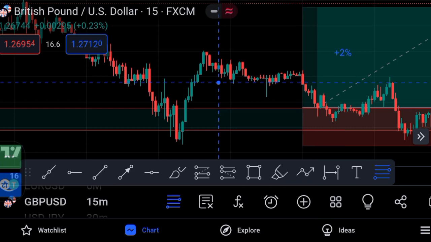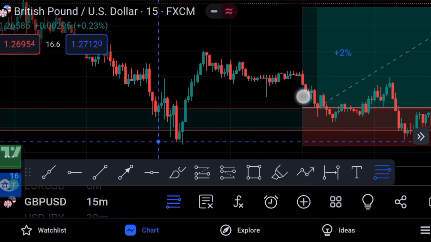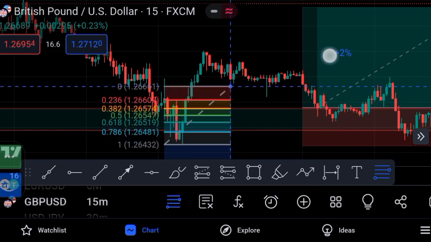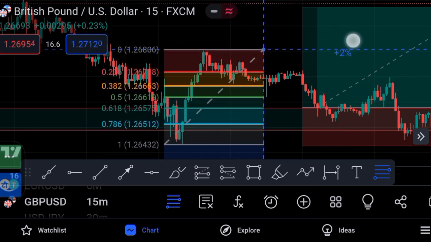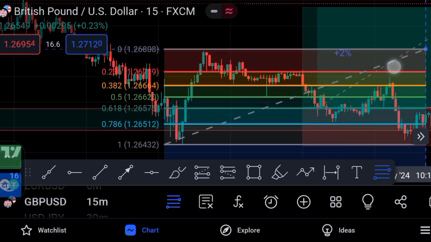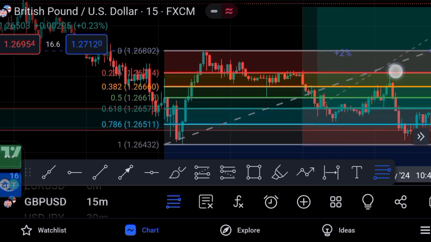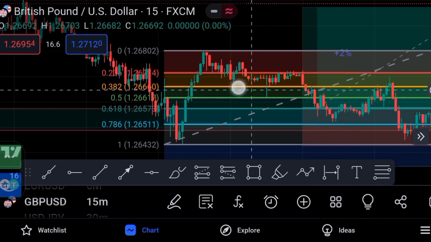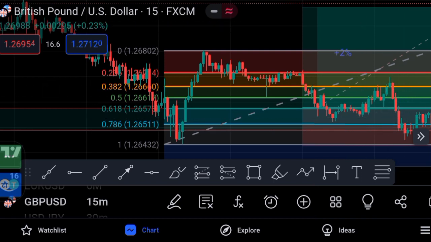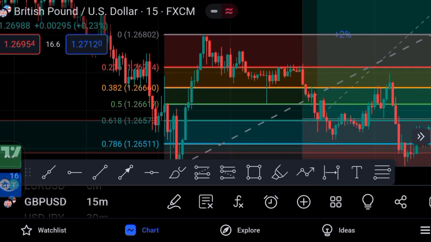If you draw that Fibonacci retracement tool from this lowest point all the way to this highest point right here, and just extend it, we're going to pretend as if this part of the chart is not showing. In the Fibonacci, you can see the numbers.